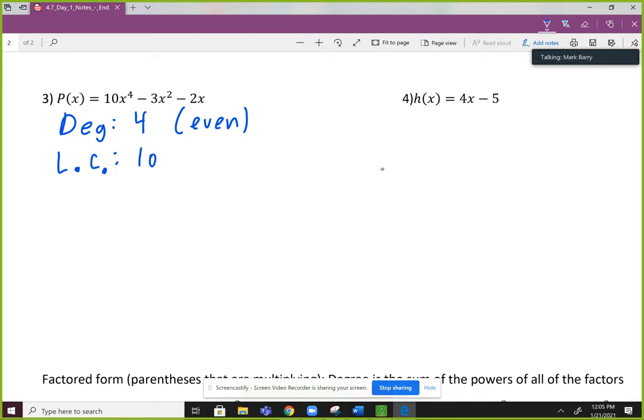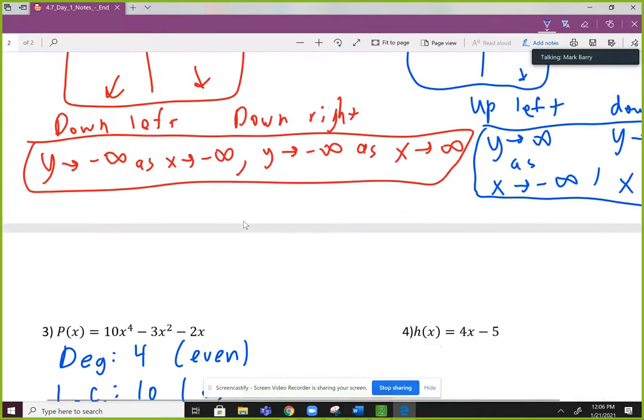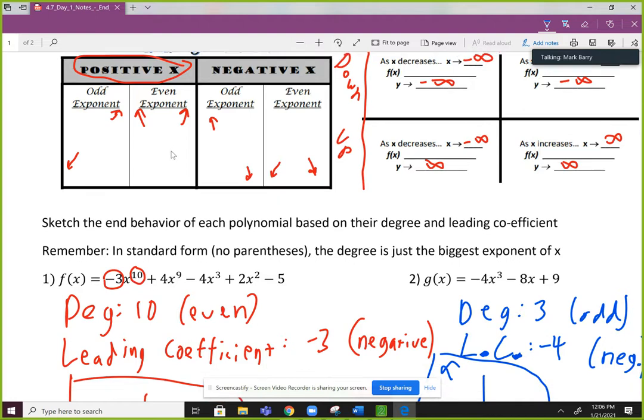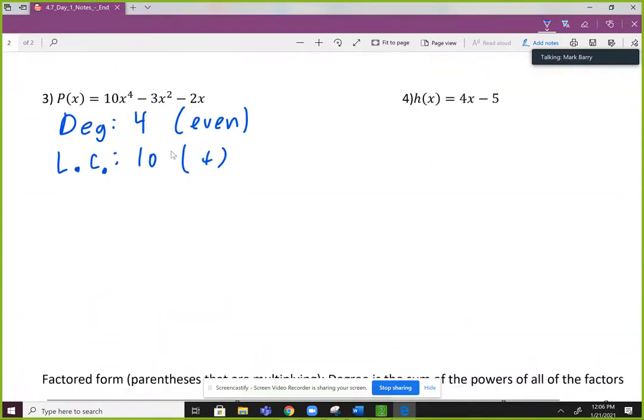We have the leading coefficient is 10, which is of course positive. All right, so we can go back up to our chart if we don't remember it. We got an even positive here. So we know an even positive is going to be this second box right here, even exponent positive x. All right, so that's up and up.